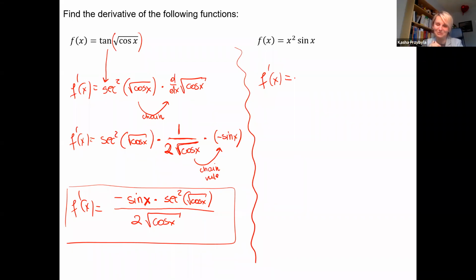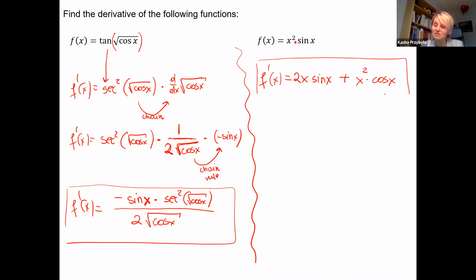Please remember that it's a product, and with the product rule we expect the addition. That means I think math was giving us the correct answer. Derivative of x squared is 2x times the second function, plus x squared times the derivative of the second function, which is sine, is cosine of x, which I believe math gave us, yes, the correct answer.